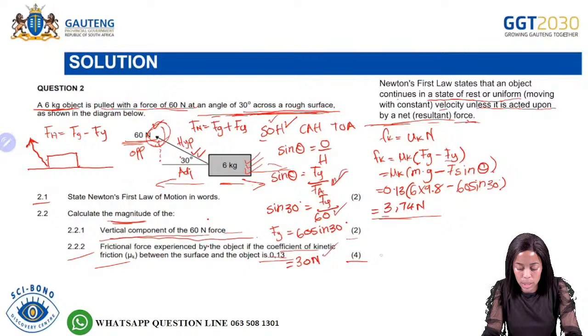And then this one is a total of 4 marks, so we can apply 1 mark for the formula, 1 mark for the substitution of the coefficient, 1 mark for the substitution of the normal force, and then 1 mark for the final answer.